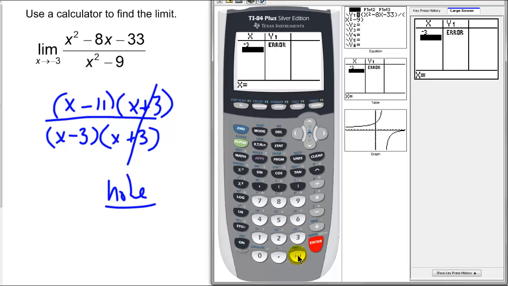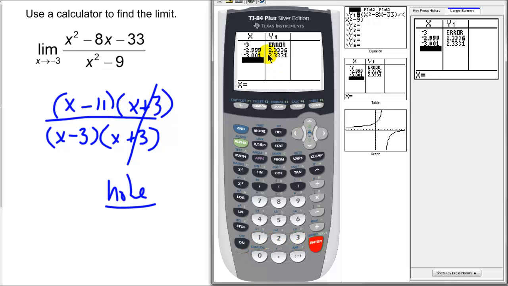So now what I want to do is go very close to -3 at either side. So that's at -2.99. And I'll throw another 9 in there just for the fun of it. And I get close to 2.336. And then if I get close to the -3 from the other side, that's -3.001.